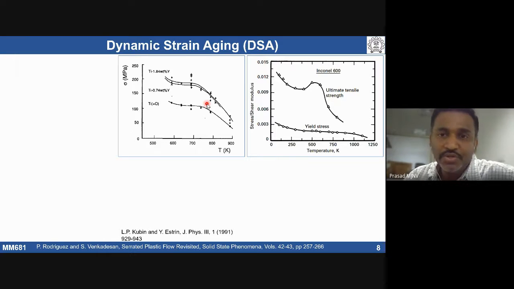Le Chatelier is one scientist, around 1902 or 1903, who was the first to report this in mild steel, when it was deformed in a temperature range of 100 degrees Celsius to 350 degrees Celsius.